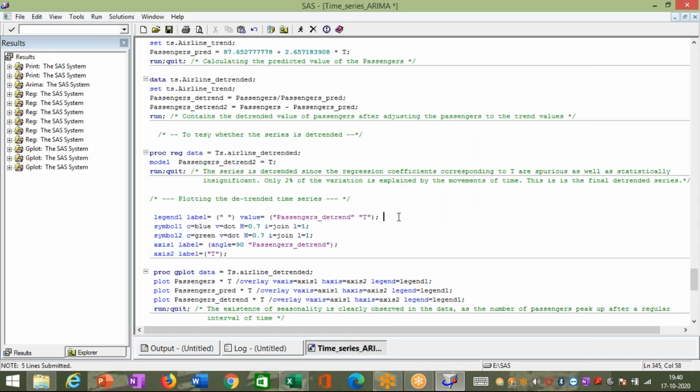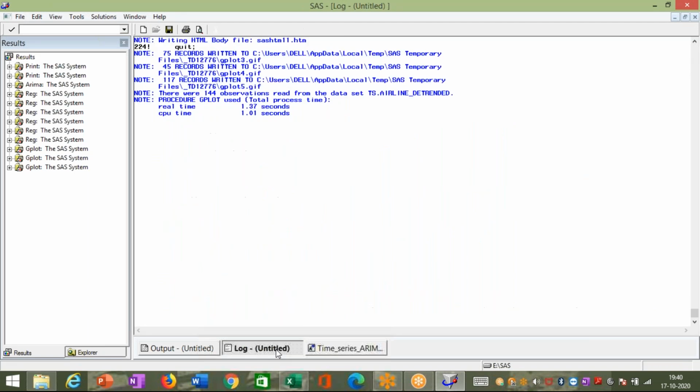Right. So this is how the detrending exercise actually works.